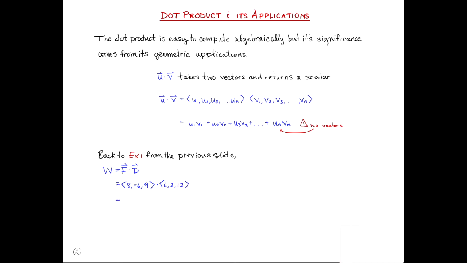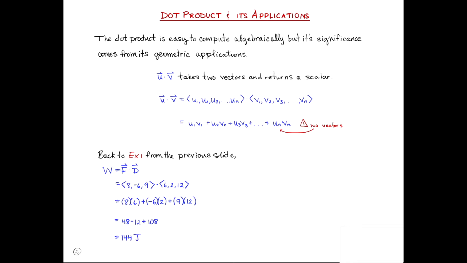To compute that dot product, we take the product of the x components, so 8 times 6, plus the product of the y components, negative 6 times 2, plus the product of the z components, 9 times 12. Simplifying, 8 times 6 is 48, minus 12, plus 108. That simplifies down to 144 newton-meters, or joules.